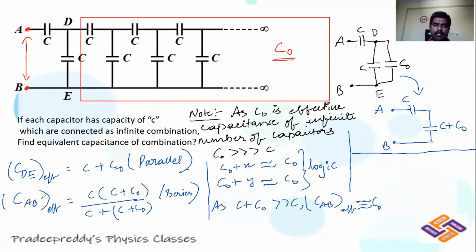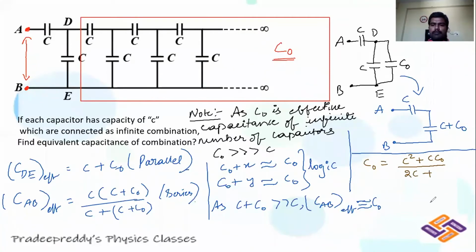So CAB, I will write it as C naught. C naught is equal to C square plus C naught divided by 2C plus C naught.